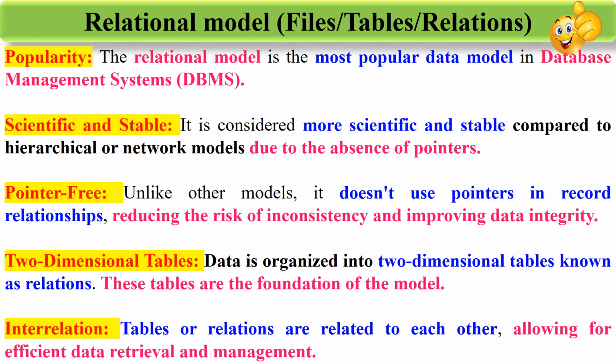Unlike other models, it doesn't use pointers in record relationships, reducing the risk of inconsistency and improving data integrity. Two-dimensional tables. Data is organized into two-dimensional tables known as relations. These tables are the foundation of the model. Interrelation. Tables or relations are related to each other, allowing for efficient data retrieval and management.